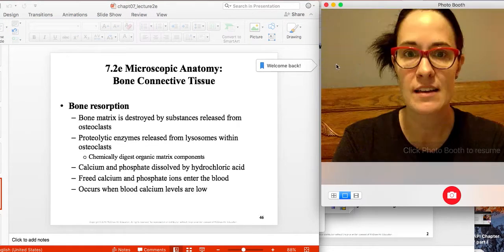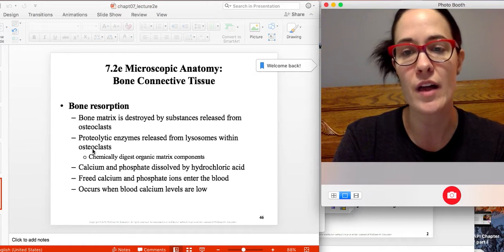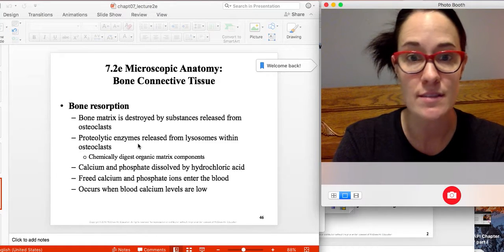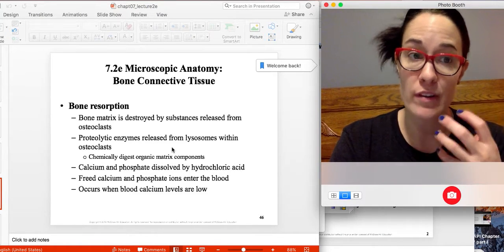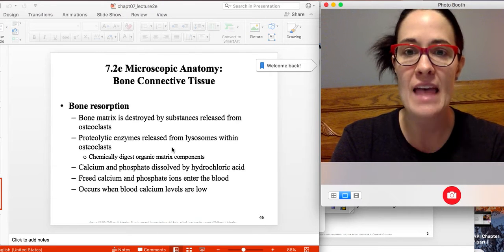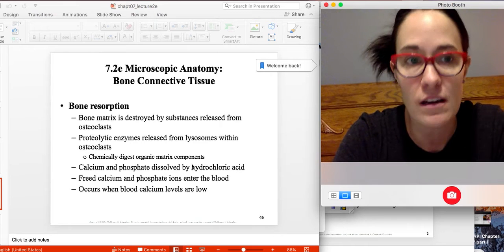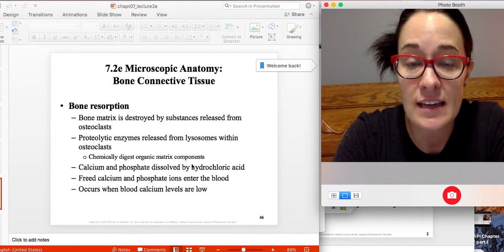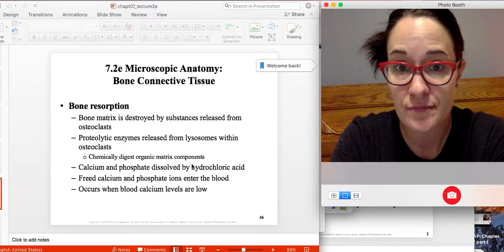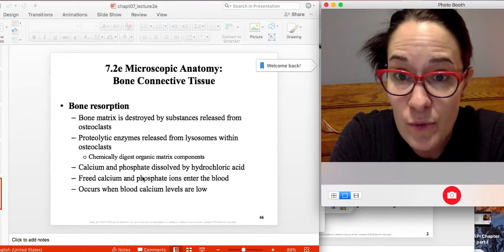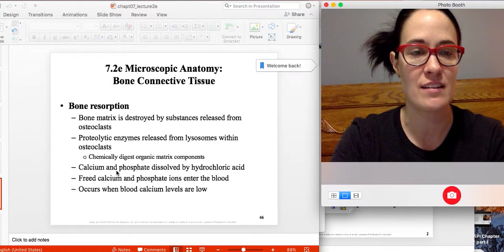body needs. The osteoclasts contain these enzymes that are released from their lysosomes, and they chemically break down the organic components of that tissue, thus releasing calcium and phosphate.